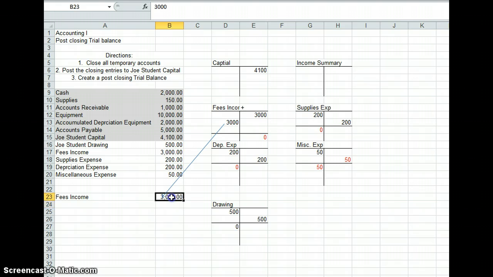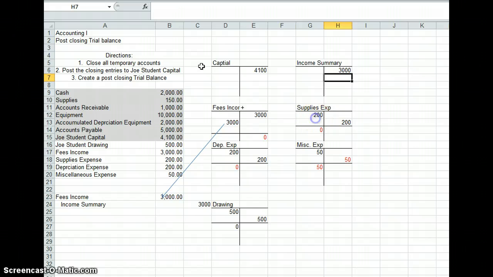Now, for every debit, I need a credit, or for every credit, I need a debit. They always need to be equal. So I'm going to use this temporary account, income summary. Income summary has no normal balance. It is a completely temporary account that we only use during the closing process, and we use it to offset our debits and credits. So I am crediting income summary here. I'm going to go ahead and show a credit up here in the T account for income summary.